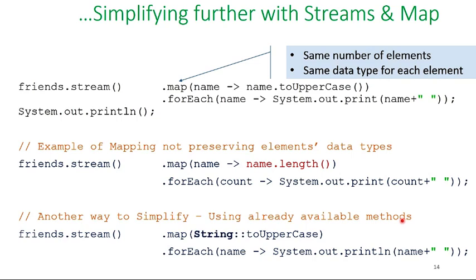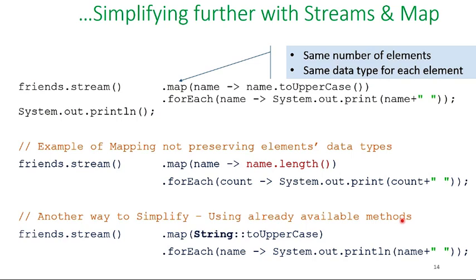Parameter routing means that maybe you have an instance method toUpperCase. So if you do have an instance method in the class String, then obviously this instance method doesn't take any parameter. Like you can see here at the top of the slide, right? When we do the map name into name.toUpperCase, right? We want to call the method toUpperCase on the object that is the parameter of the lambda, okay?